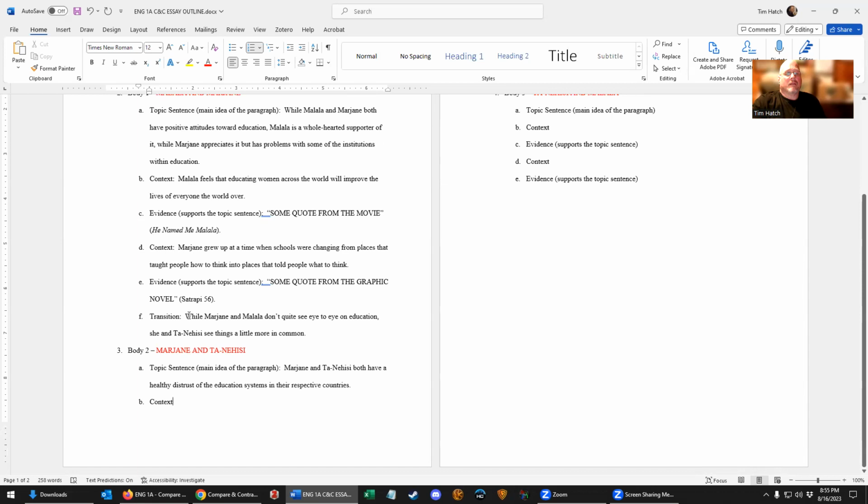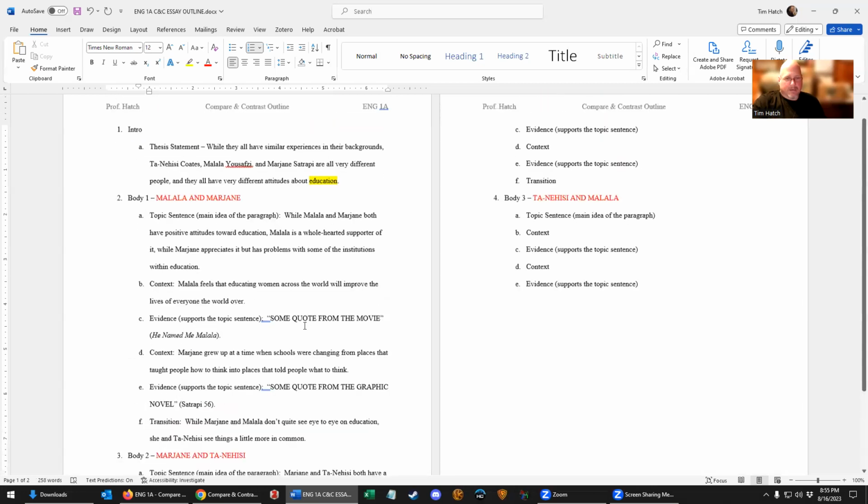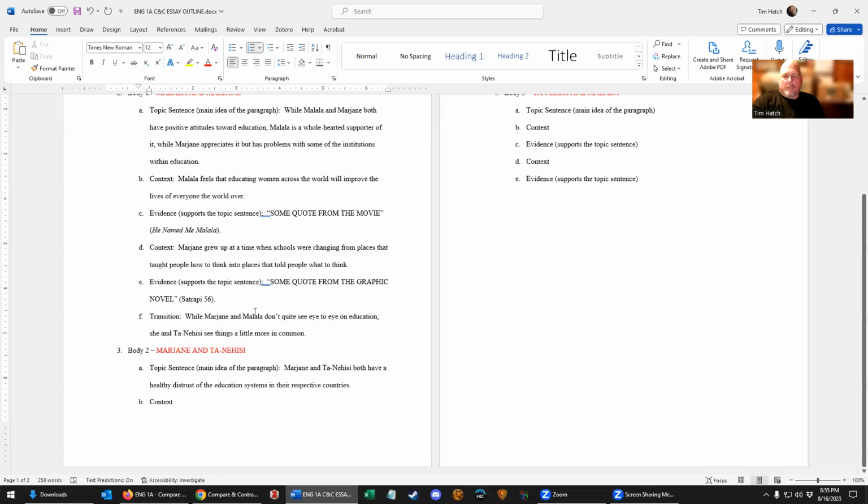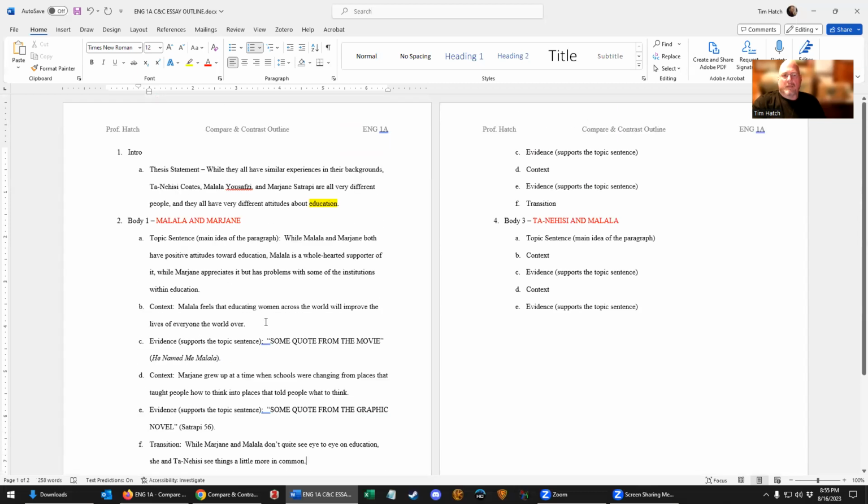And again, look at the formula here. In addition to X, also Y. While Marjan and Malala don't quite see eye to eye on education, she and Ta-Nehisi see things a little more in common. In addition to X, also Y. That's the formula for every transition I ever write in any essay ever. Okay.